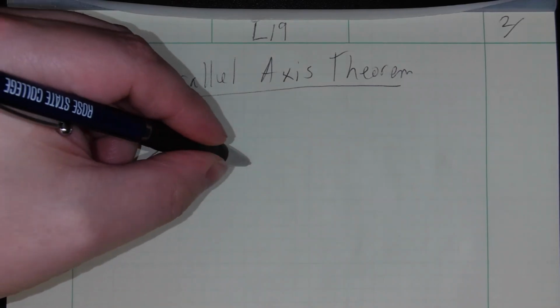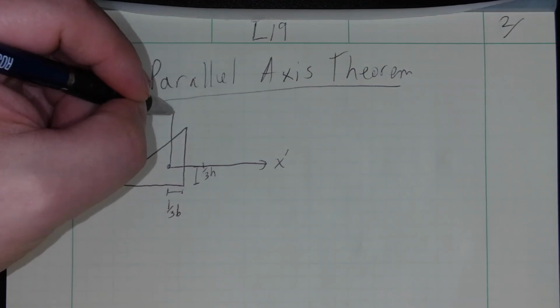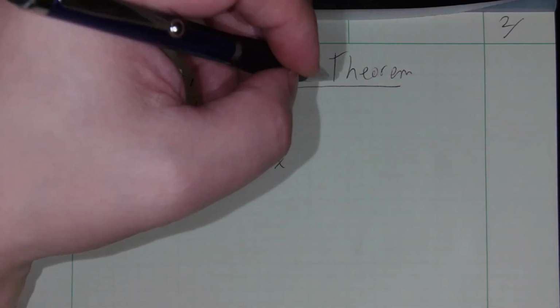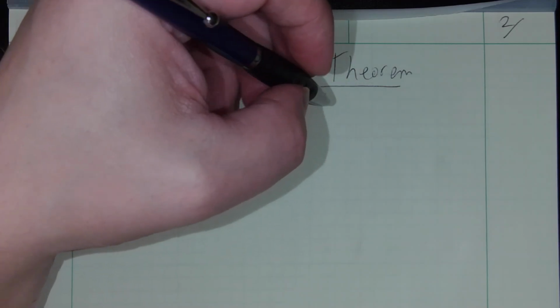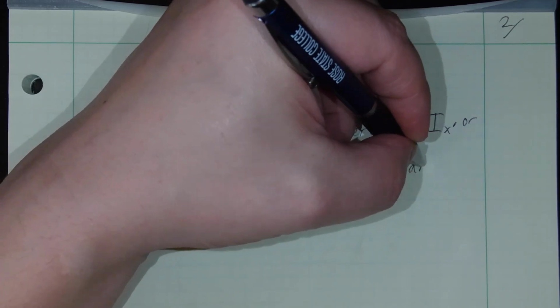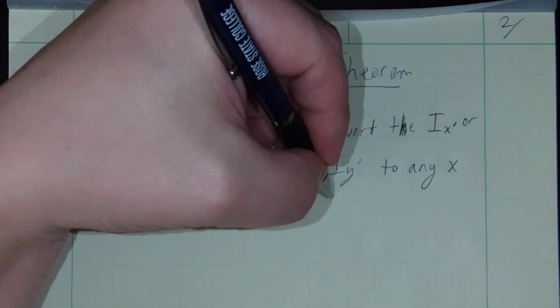If I take the x prime axis and the y prime axis passing through that centroid, what I can do is convert the moment of inertia about the x prime axis, or the moment of inertia about the y prime axis, to any x or y axis, Ix and Iy.